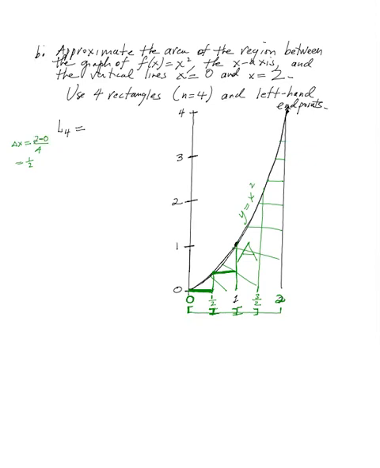So I let f of 1 be the height of this third rectangle. And the fourth subinterval, 3/2 to 2, the left-hand endpoint is 3/2. So f of 3/2, where the vertical line through 3/2 meets the graph, is the height of this last rectangle.